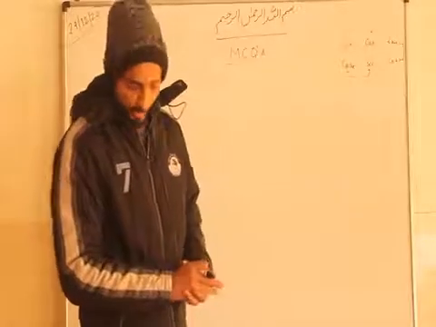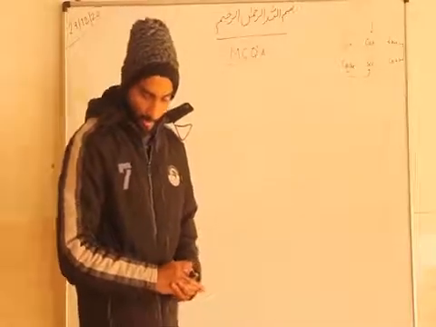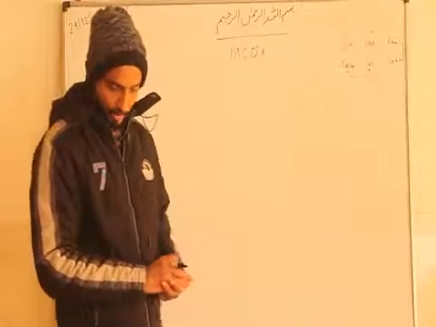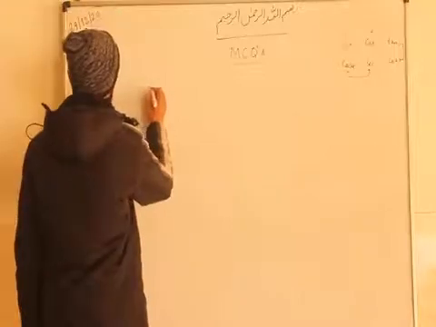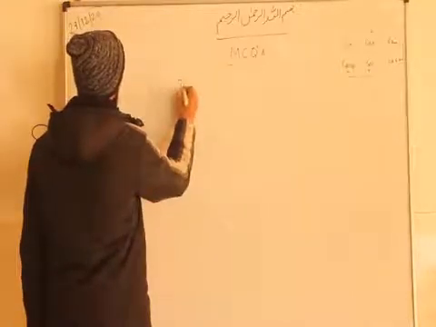Question number 3: the value of tan square 30 minus 4 sin square 45 is.